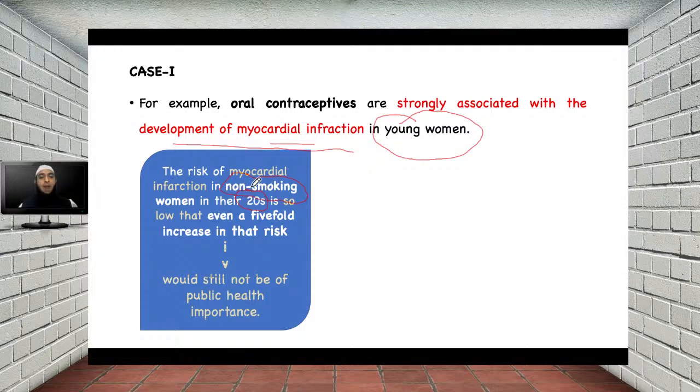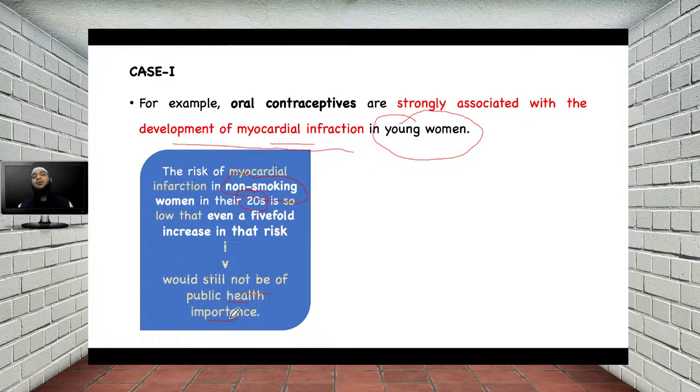When the risk of myocardial infarction in non-smoking women in their 20s was studied, it was observed to be so low that even a fivefold increase in that risk would still not be of public health importance. What does it indicate? Women who are non-smokers and aged 20 years or below have a low risk of myocardial infarction with oral contraceptives. So this is in the case of relative risk.